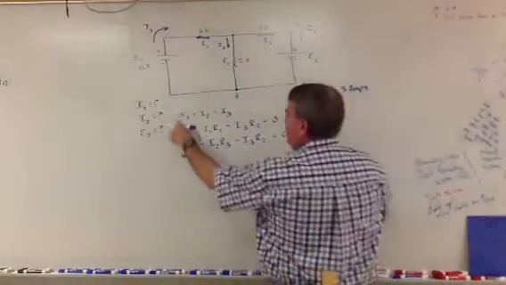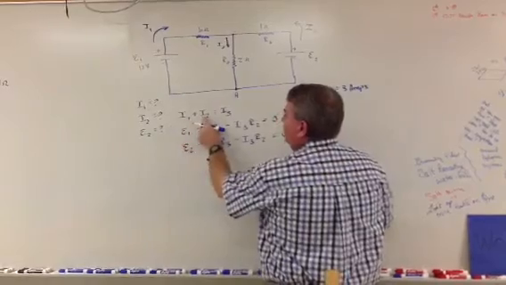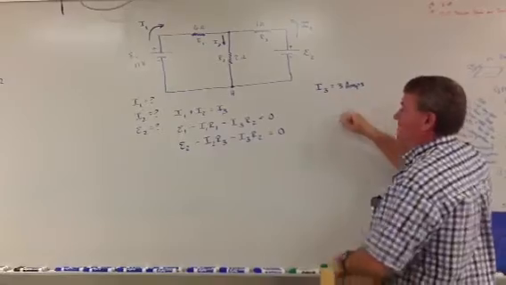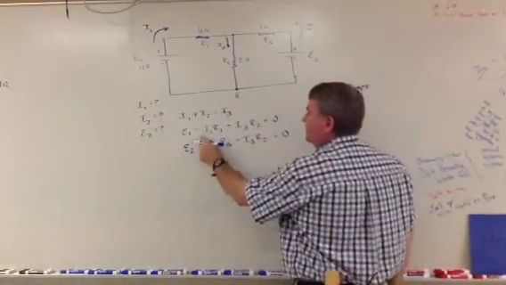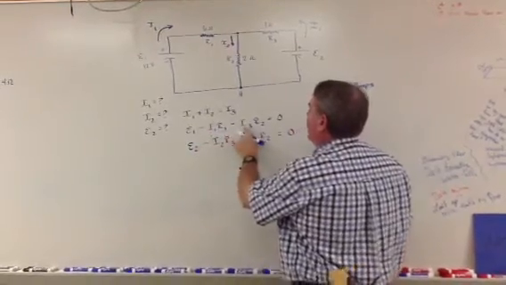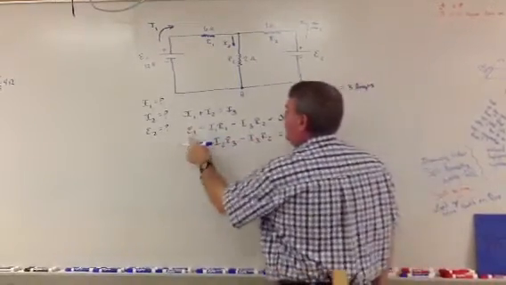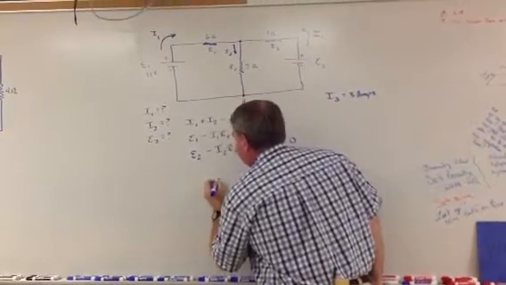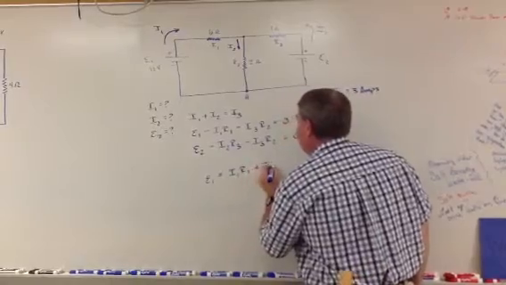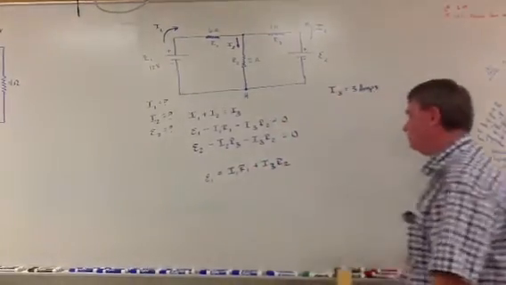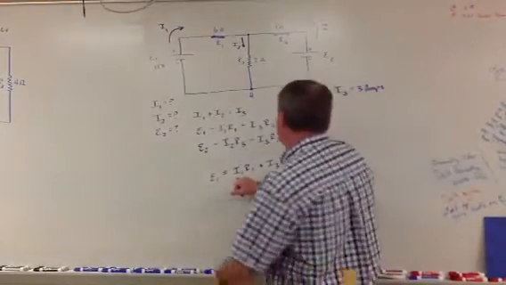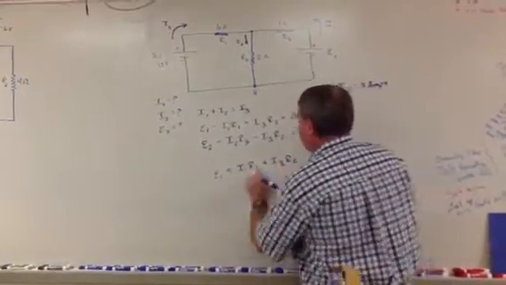So I'm going to start here. I1 we don't have, I2 we don't have, so we can't solve for that, but we know that I3 is given to us as 3 amps. So we can't start with the first equation. In the second equation, E1 we have, I1 we don't have, R1 we do have, I3 we have, R2 we have, so we can solve for I1. E1 is going to be equal to I1R1 plus I3R2. We're solving for I1, so let me move this to the other side and divide by R1.